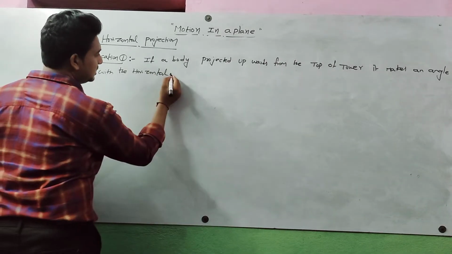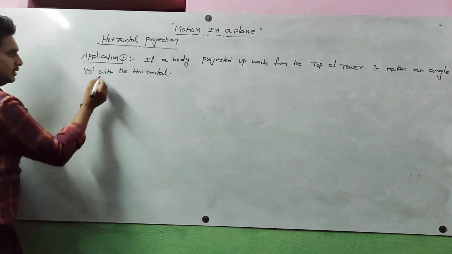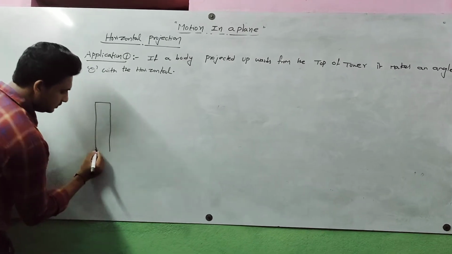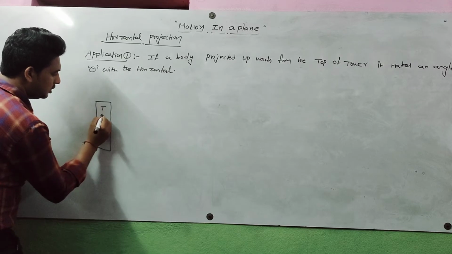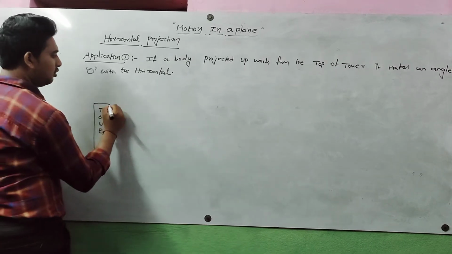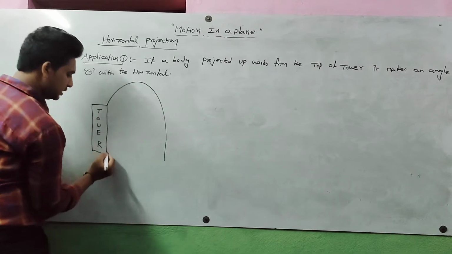So how to represent it here? This is the tower, the top of the tower. The body is projected upwards, so like this, we project.